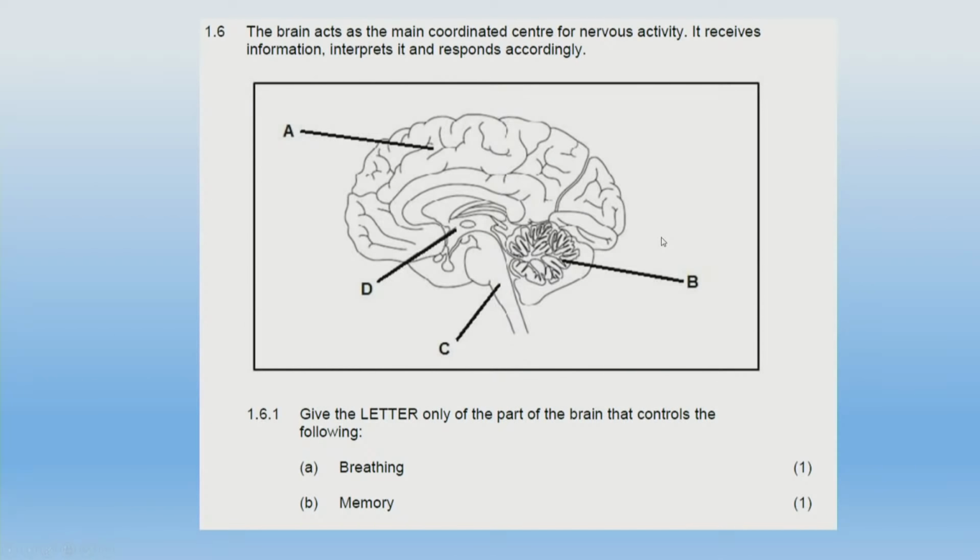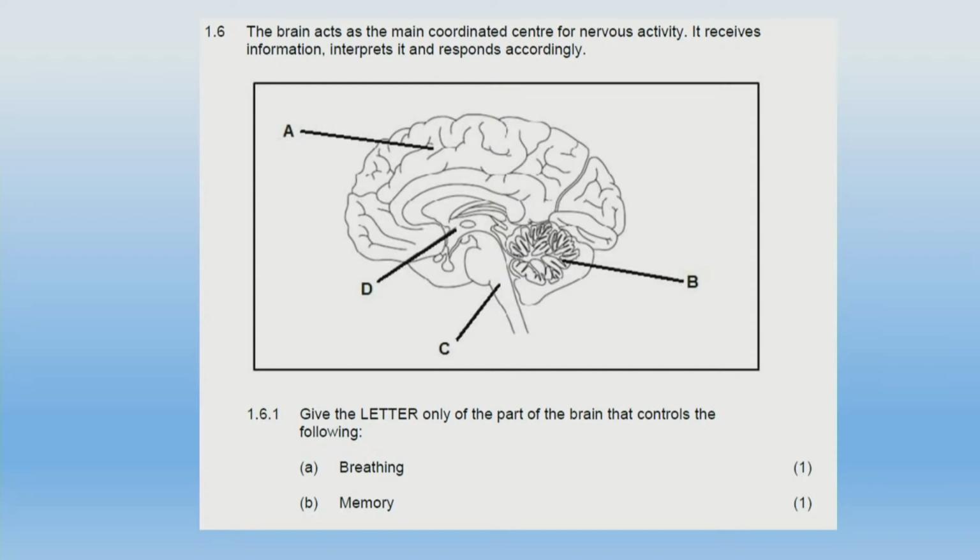And then we have question 1.6 here, which is based on the structure of the brain. The brain acts as the main coordinating center for nervous activity, and it receives information, interprets it, and responds accordingly. We have labels A, B, C, and D on this diagram. Let us look at the questions.